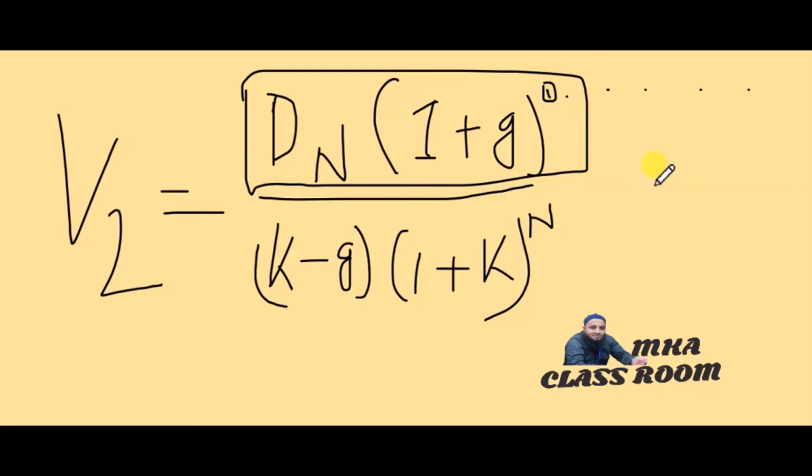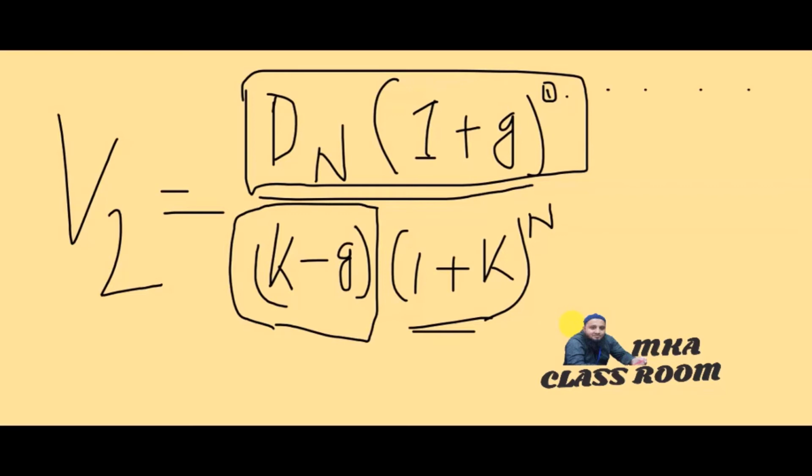The present value of the second phase stream of dividends from period n plus 1 to infinity can be calculated with Gordon's model: Dn times (1 plus g) divided by (k minus g). That's Gordon's model, here extra we include 1 plus k power n. It may be noted that this value is the present value at time n of all future expected dividends from period n plus 1 to infinity.